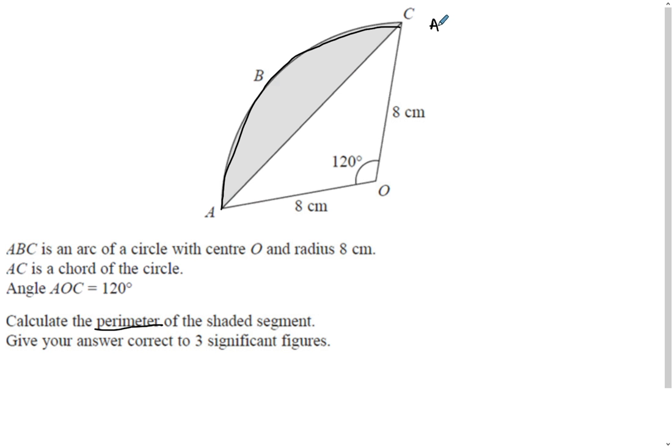So we're going to find arc length ABC, and then we're going to find that length, which is the side of the triangle. Okay, so then we're going to go plus length AC.